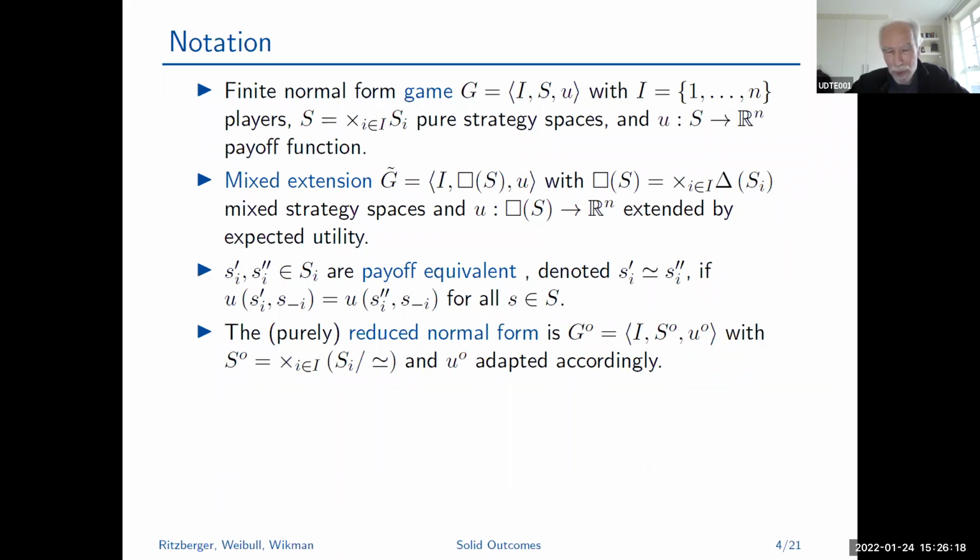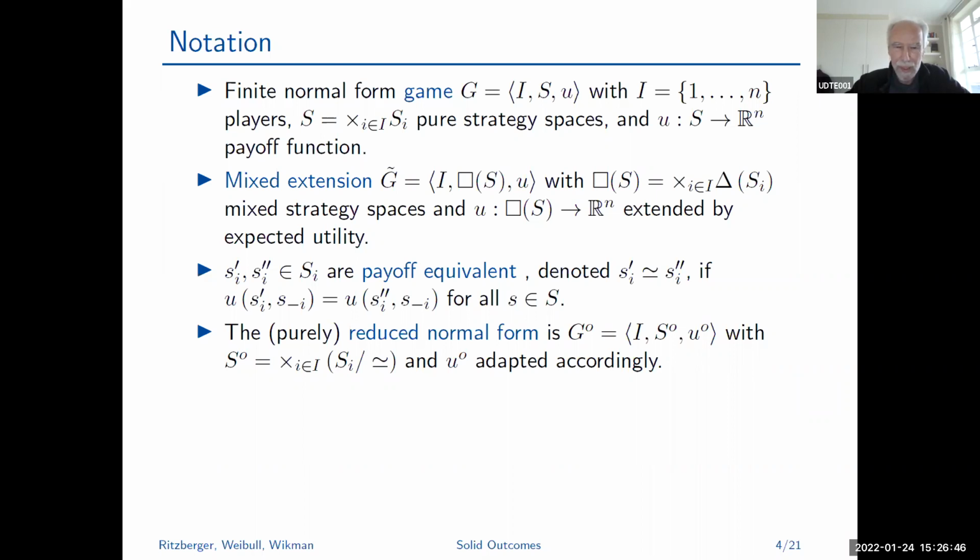That would be good enough for what we do, but because of historical reasons, the payoff equivalence notion is used to go to the purely reduced normal form, or the pure strategy reduced normal form, which is essentially the normal form that you get when you collapse all the payoff equivalence classes for each player into single representatives. So you take the strategy space to be the quotient.